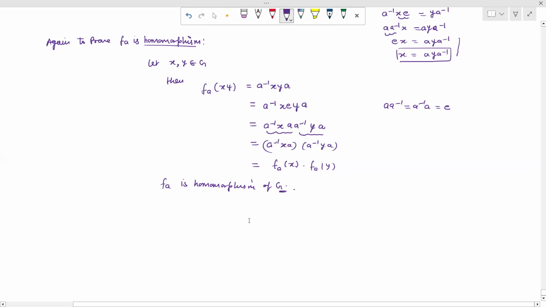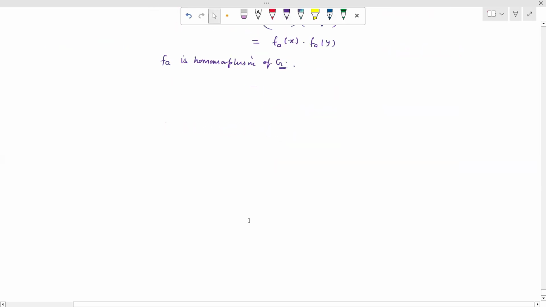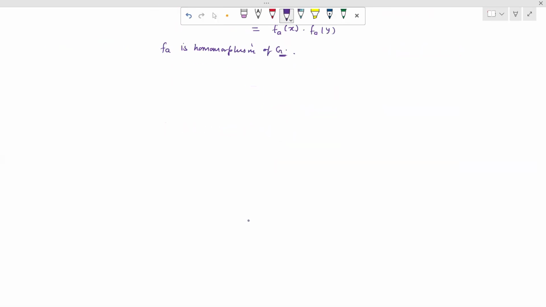Now we have one important theorem related to that. So we shall move to this theorem.